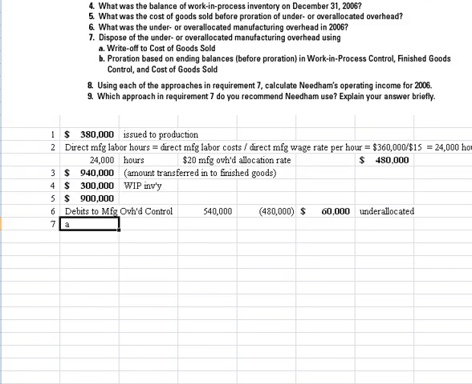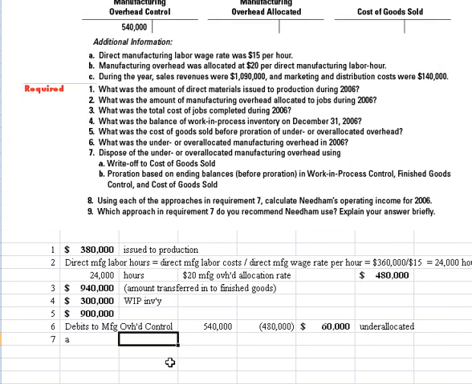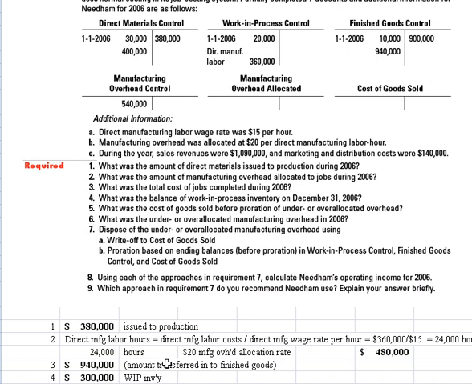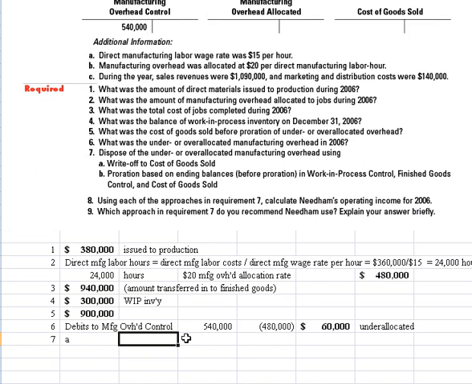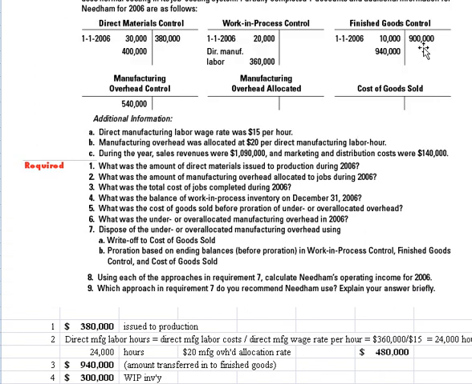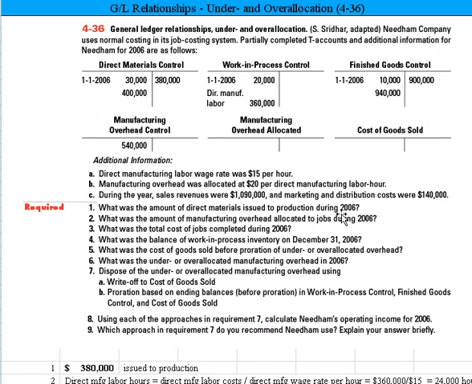All right, if we want to do part A, I'll just write the answer over here. We know from above that we already had a cost of goods sold that was equal to the 900,000. We finished the goods, and using normal costing we had 900,000 carried in our work in process.